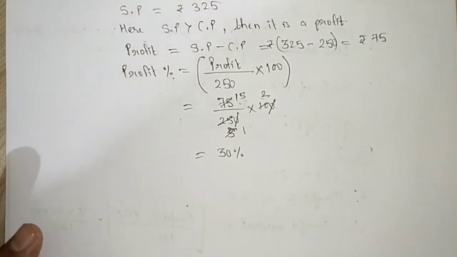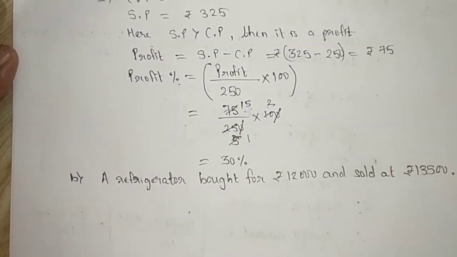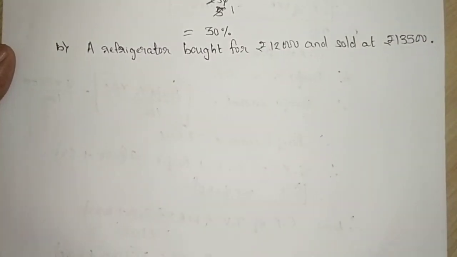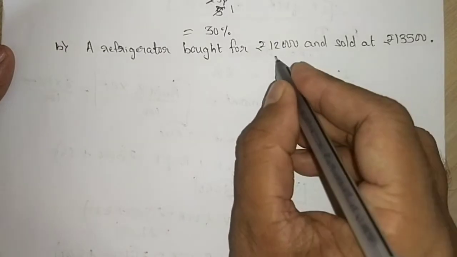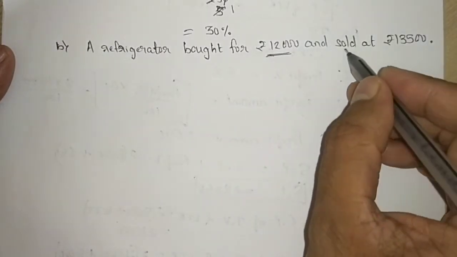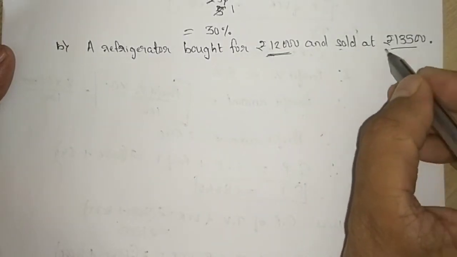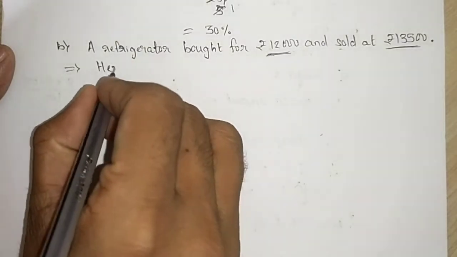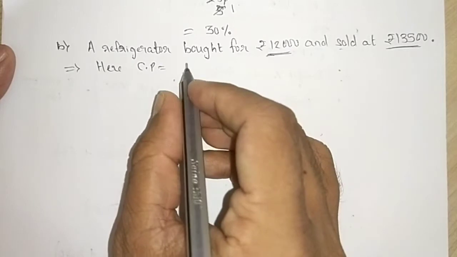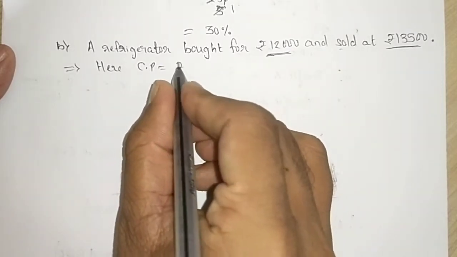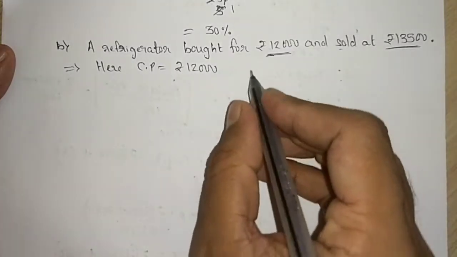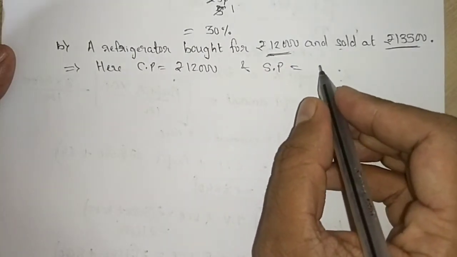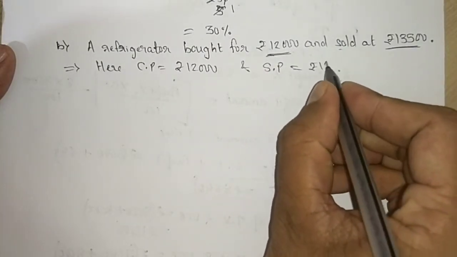Now let us solve part B. So part B says a refrigerator bought for rupees 12,000, that is cost price is 12,000, and sold at rupees 13,500. So I will write here CP is equal to rupees 12,000, and selling price, that is SP, is equal to rupees 13,500.